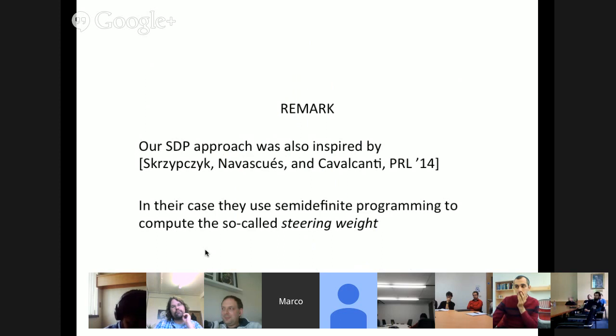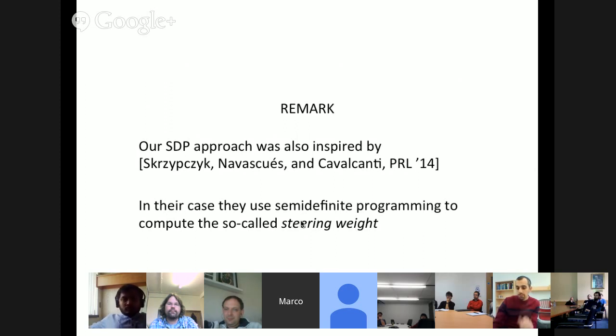One remark I want to make is that our semi-definite programming approach was also inspired by a recent work by Skrzypczyk, Navascués, and Cavalcanti. Instead of looking at the robustness, they look at another concept to quantify steerability, the steering weight.